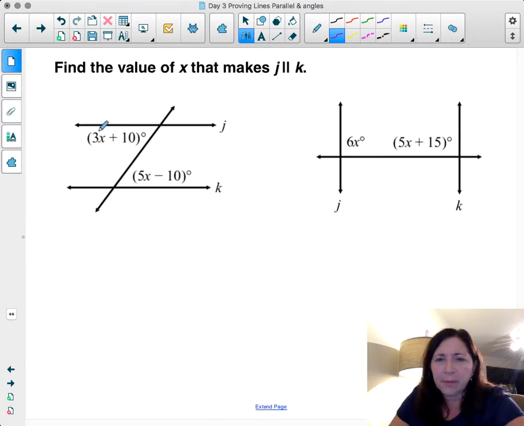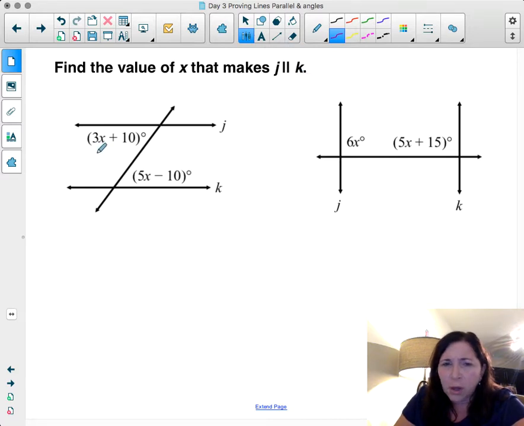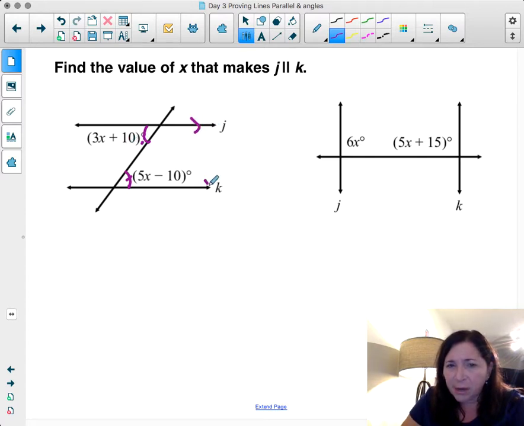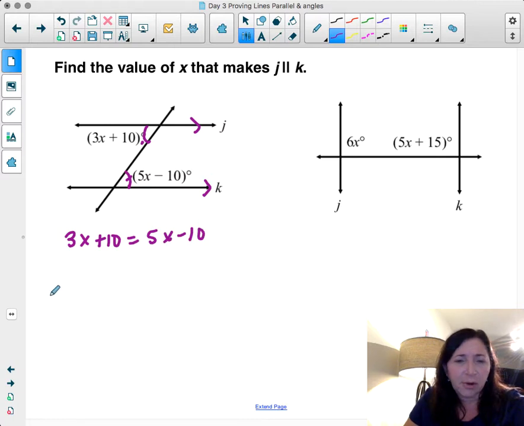For this problem, you need to find the value of x that makes J parallel to K. If this angle was congruent to this angle, they would be alternate interior angles, and that would make this line parallel to that line. So we have 3x plus 10 is equal to 5x minus 10, because that would make them congruent.